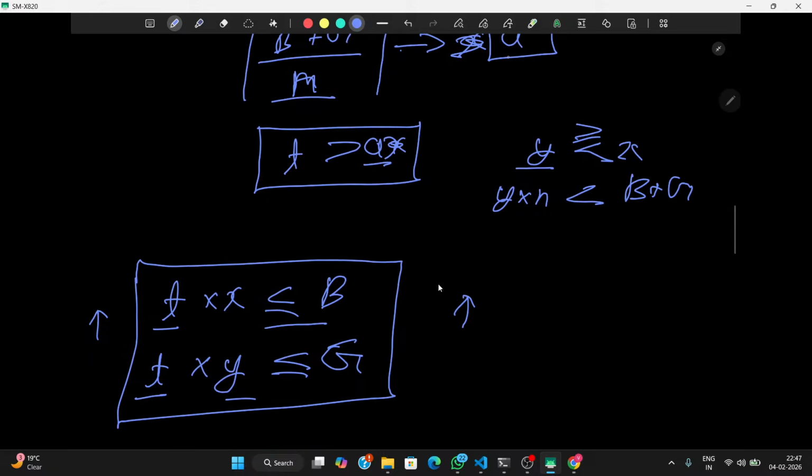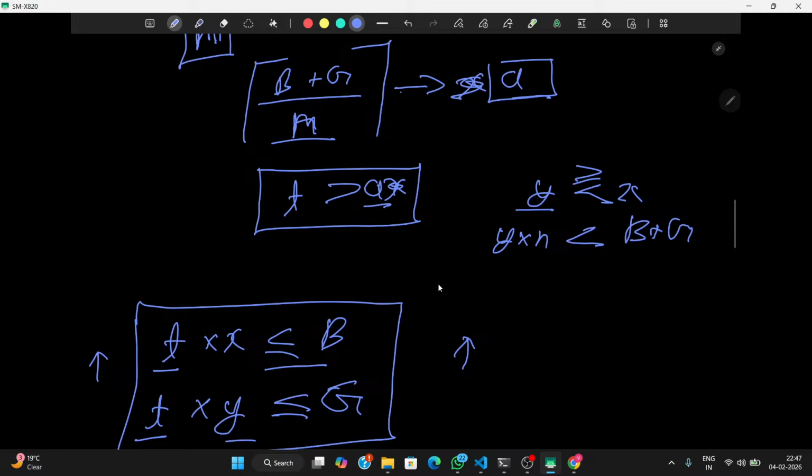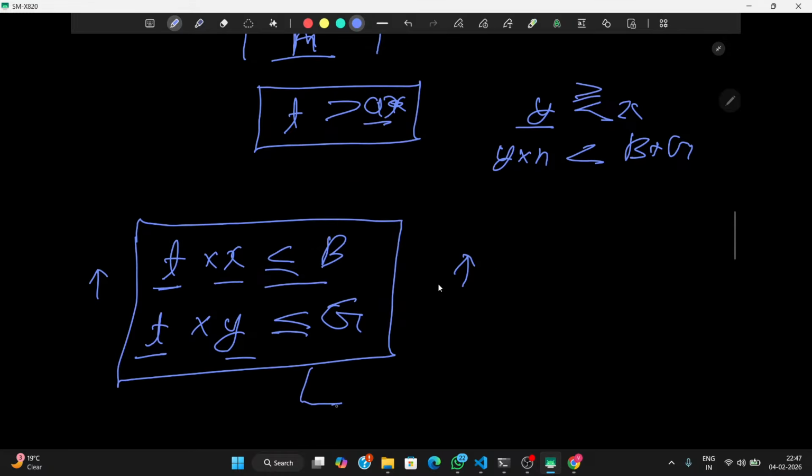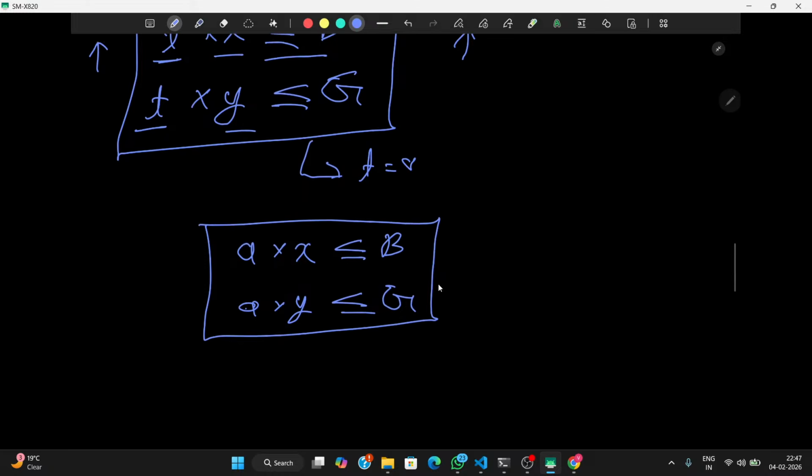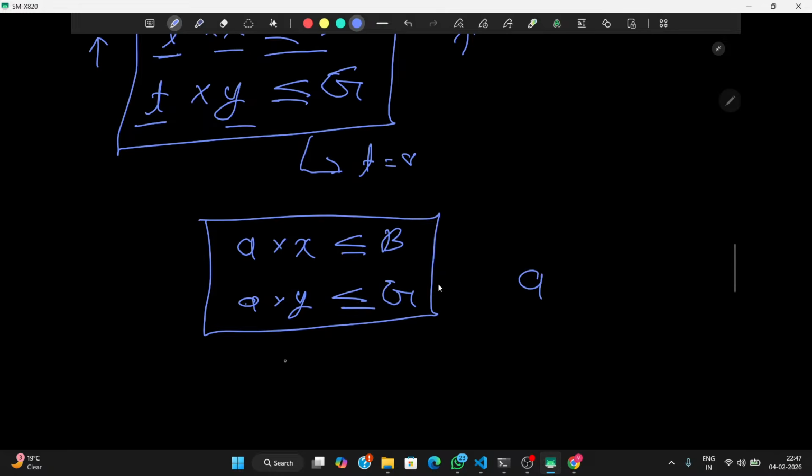We will check for a if it is possible to accommodate all of the people in a rooms using this particular condition, putting t equal to a here. If these two conditions hold, then the answer is a.